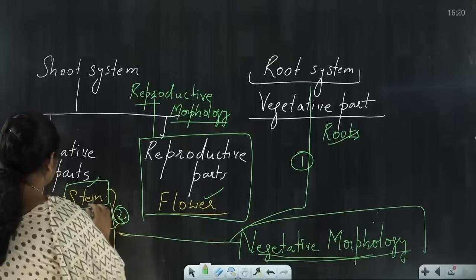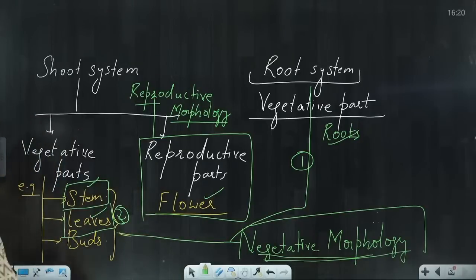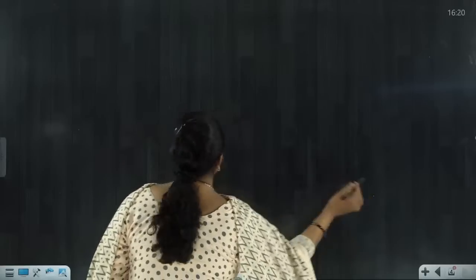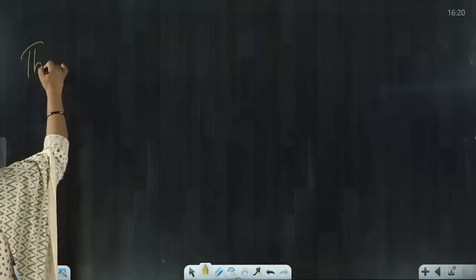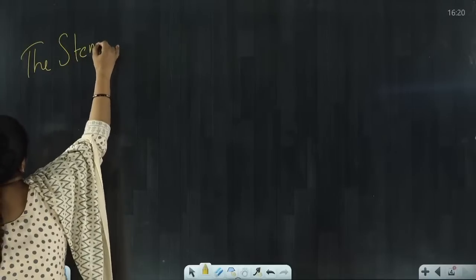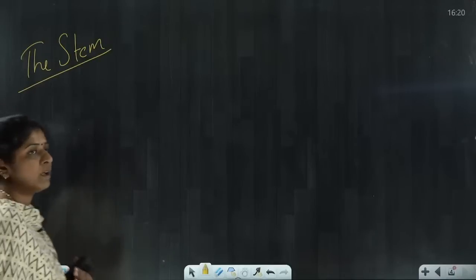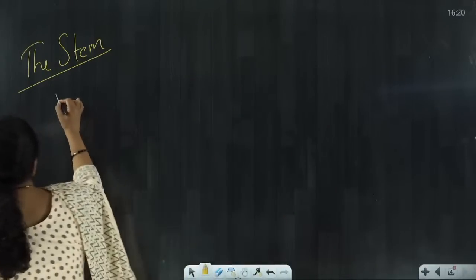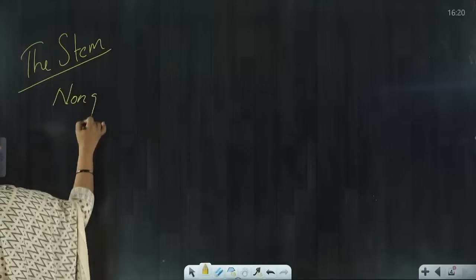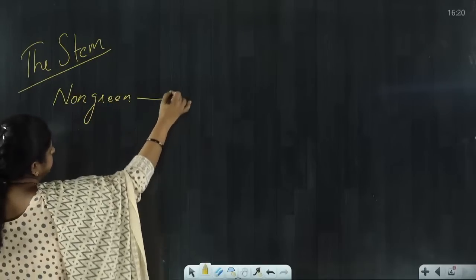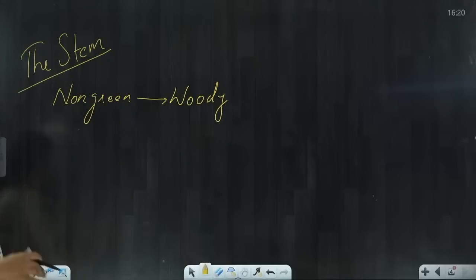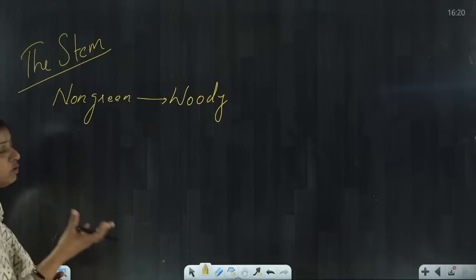Fine. So let's take first of all the stem. Will it be a green or non-green part of the plant? It will be non-green when it becomes woody. When it is mature, it is non-green.